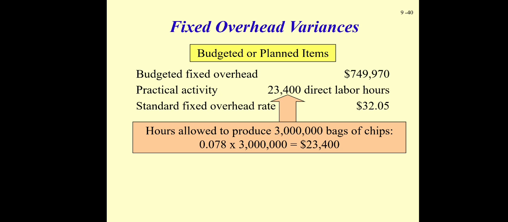So the practical activity is hours allowed to produce 3 million bags of chips. The calculation is 0.078 times 3 million bags of chips. So the total is 23,400 direct labor hours, not the dollar.